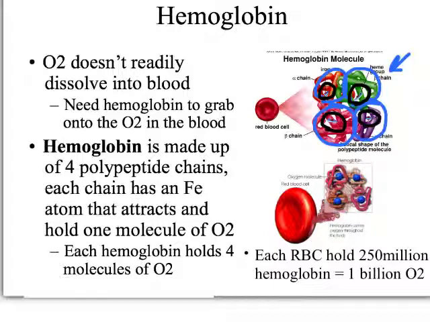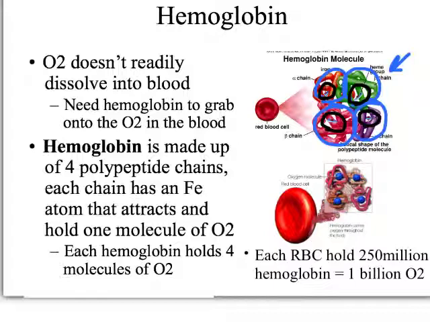So it's the iron within the hemoglobin that's going to grab onto the oxygens and grab a hold of them. Now, interestingly enough, each hemoglobin can hold 4 molecules of oxygen, right? 1 in each of the 4 polypeptide chains. And each red blood cell, even though they're one of the smaller blood cells that we had learned about last lecture, can hold 250 million hemoglobins.